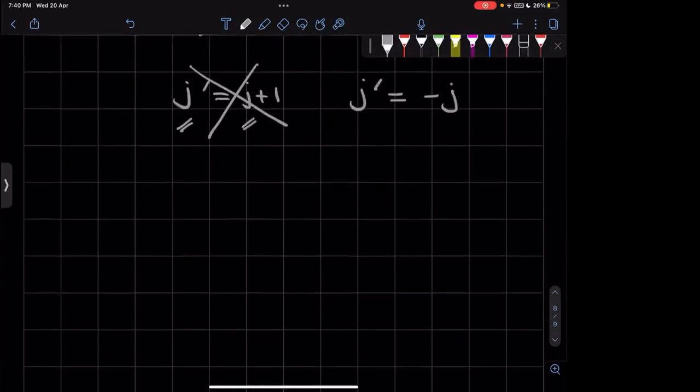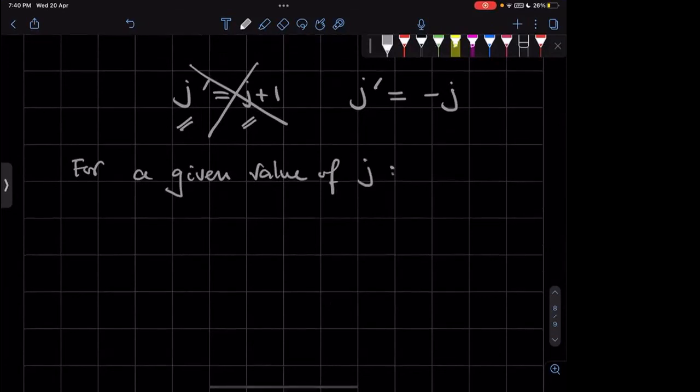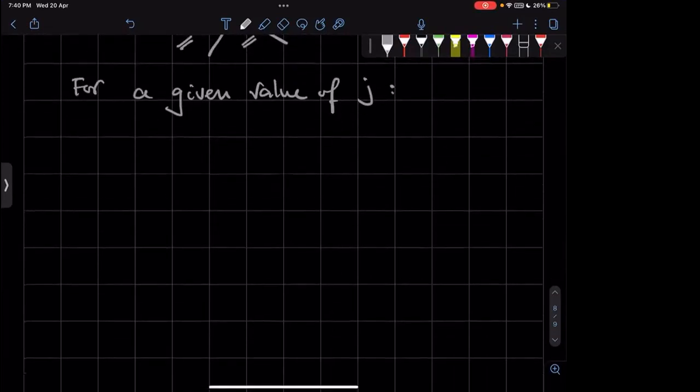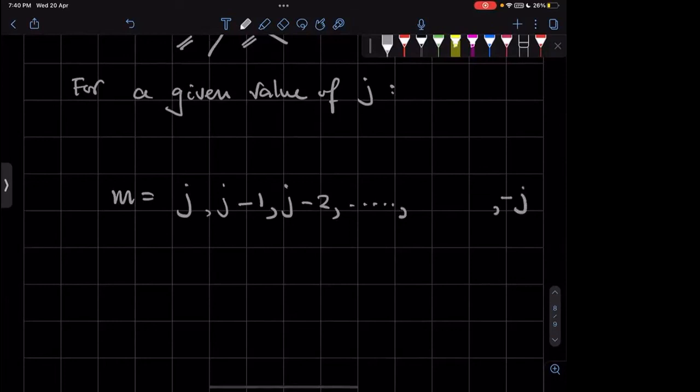Okay, so this means that for a given value of j, the allowed values of m are, well, m starts at j, and as you apply the lowering operator, the value of m changes by 1 unit, and it can only go down to minus j.